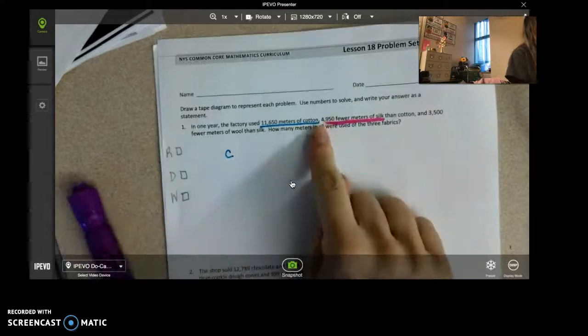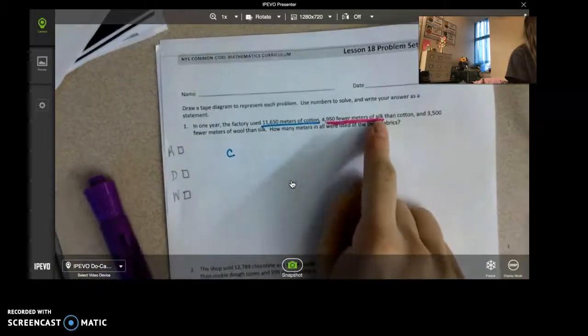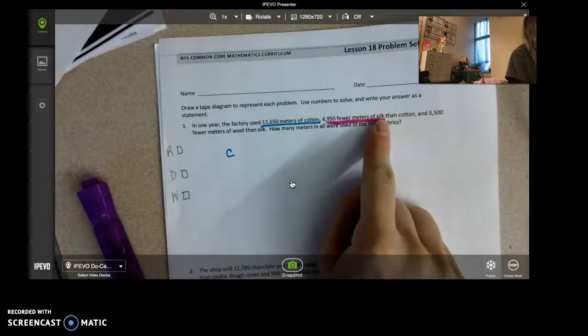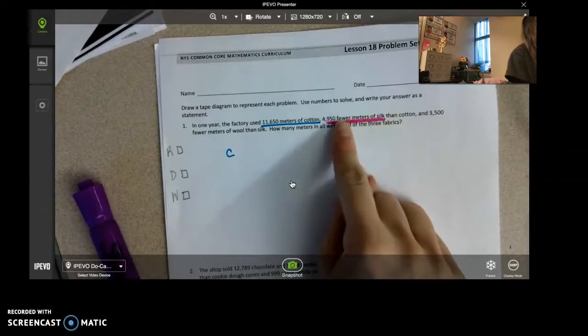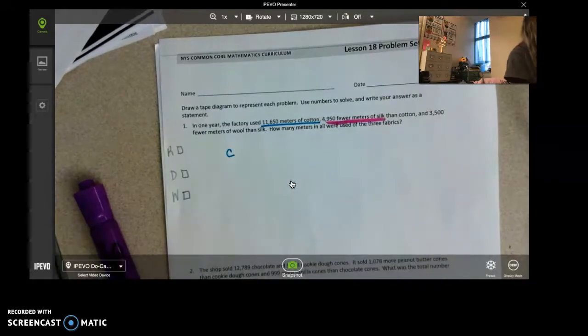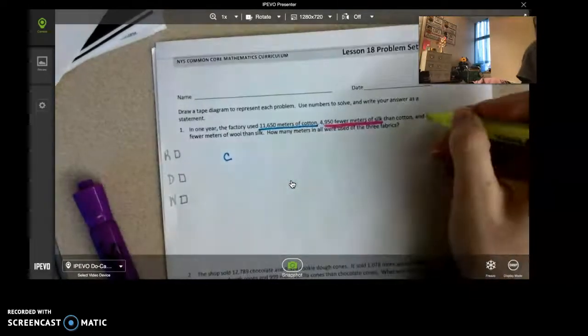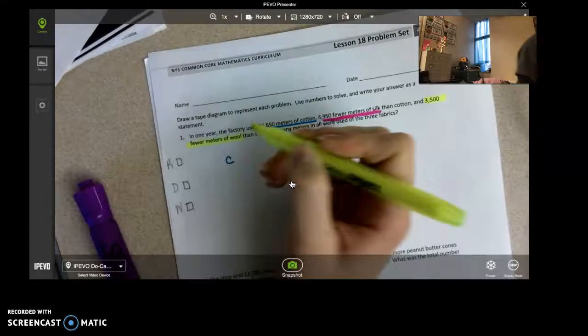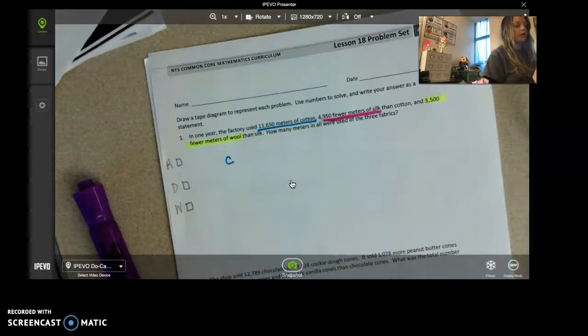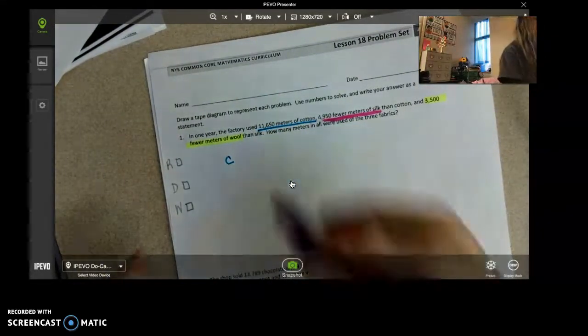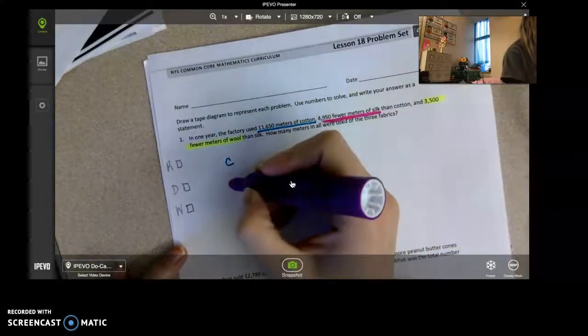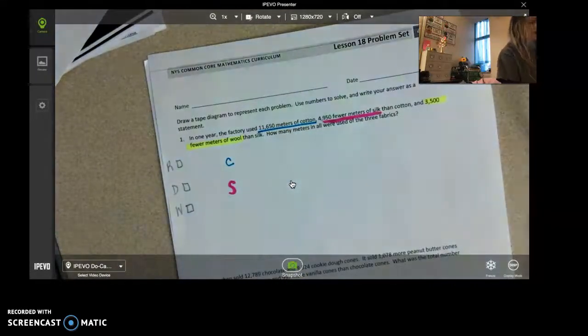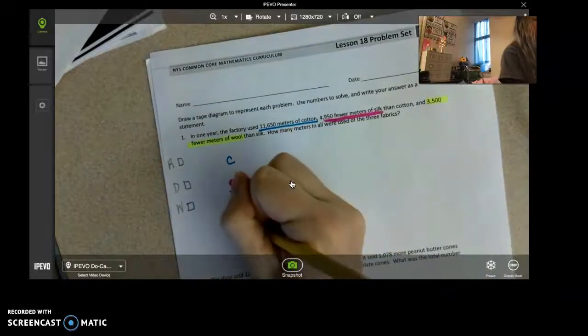So it's not 4,950 meters of cotton, it's fewer meters of silk than cotton. So I'm thinking I'm going to have to do some subtraction there. And finally, 3,500 fewer meters of wool than silk. And so I'm going to do my little W. Oh, actually that's S for silk. And then W for wool.